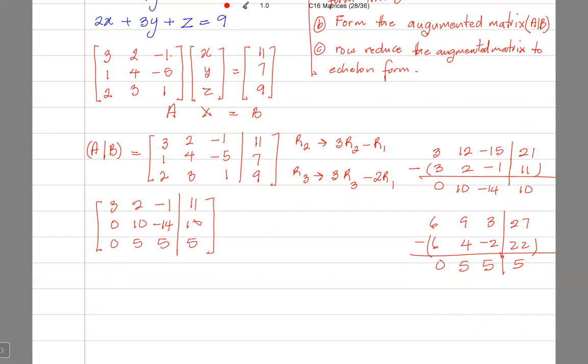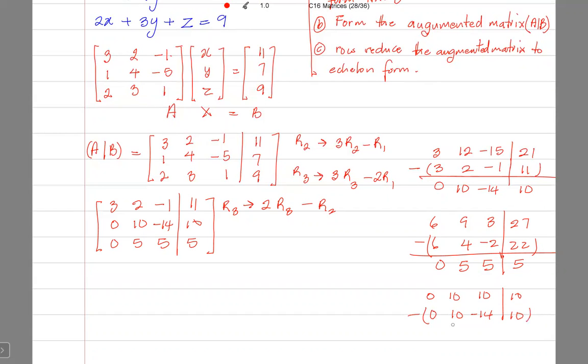All right, so next let us make the middle element of row 3 be 0. So we're going to have row 3 is 2 row 3 minus row 2. So 2 row 3, we have 0, 10, 10, 10, minus row 2, 0, 10, minus 14, 10.